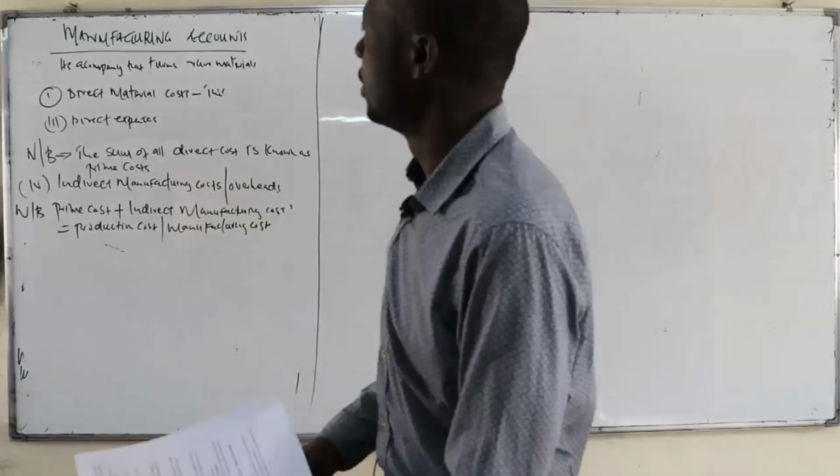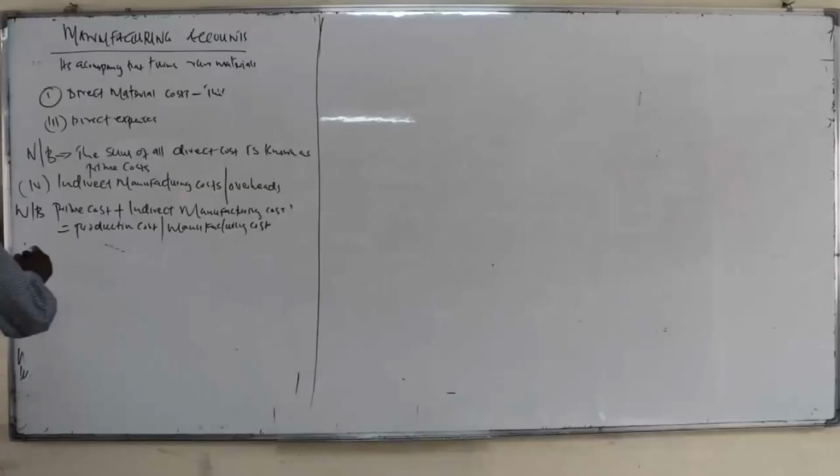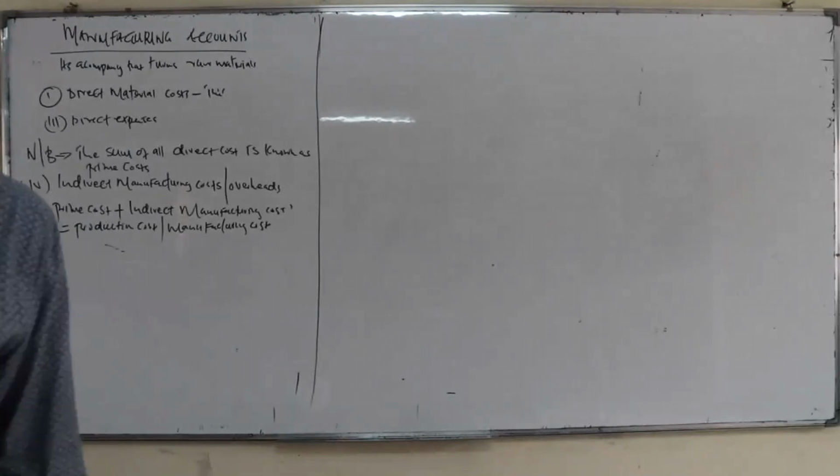And then cost number 5, we have administrative expenses.